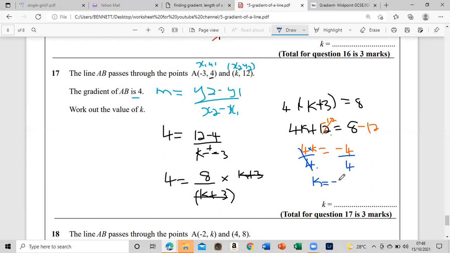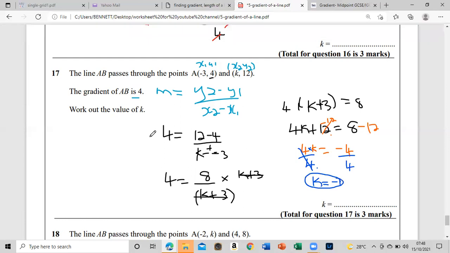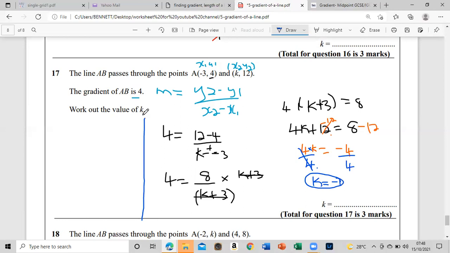Let us try and see if it's correct. Remember, Mr. Bennett is only human. Let us check if it's right.